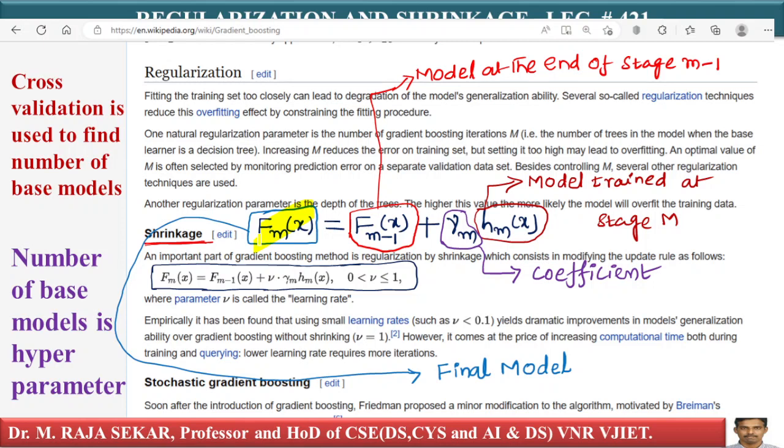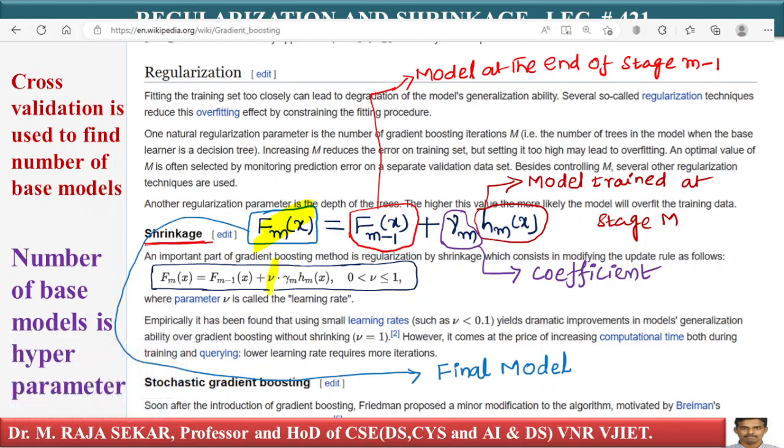Now shrinkage is a very nice idea. What it does is this formulation. Just see, in the case of shrinkage, what's happening?